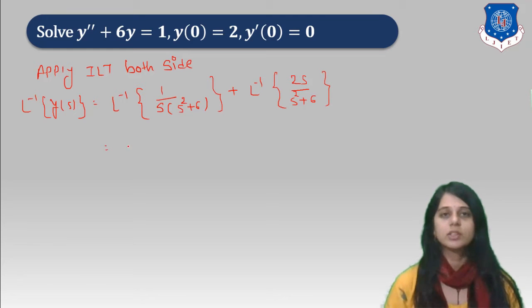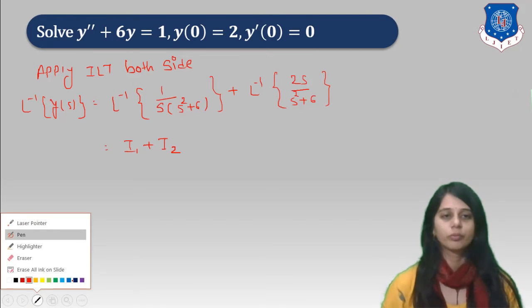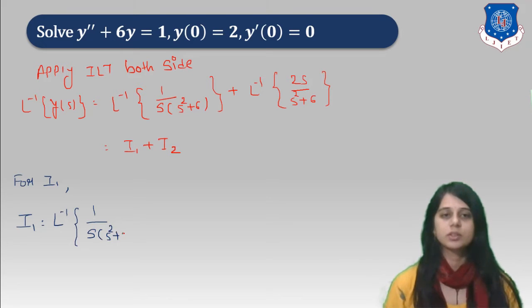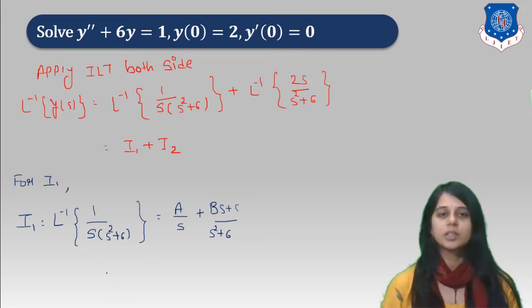Now, for this case, we take I1 plus I2. For I1, I1 equal to Laplace inverse of 1 upon s into s square plus 6. Taking partial fraction case 1 and case 3, we get a upon s plus bs plus c upon s square plus 6. Taking LCM, 1 equal to a into s square plus 6 plus bs square plus cs.